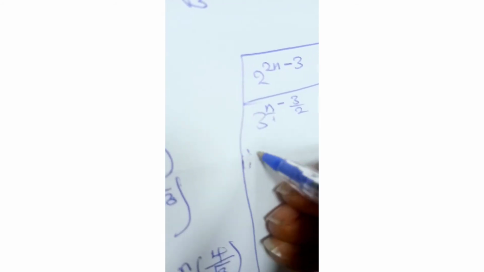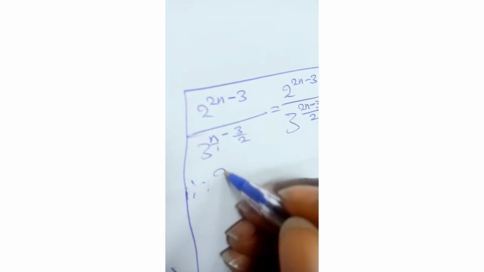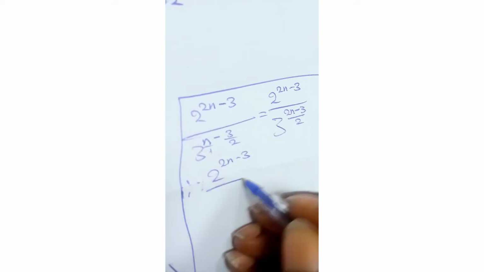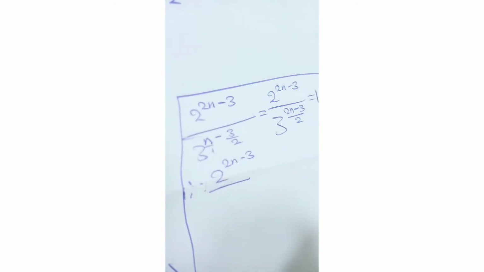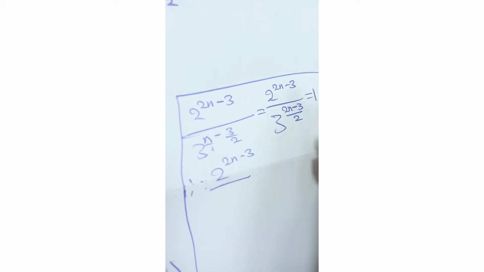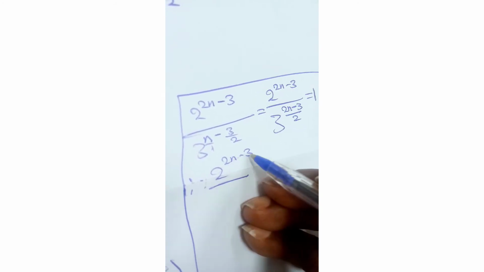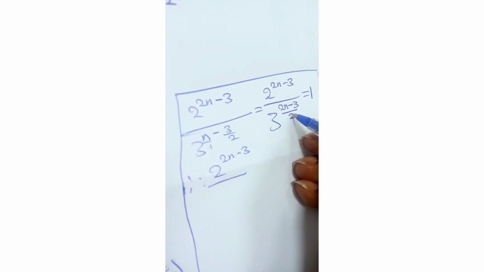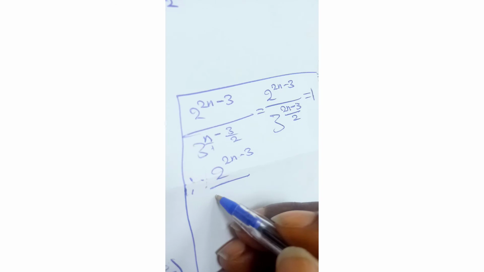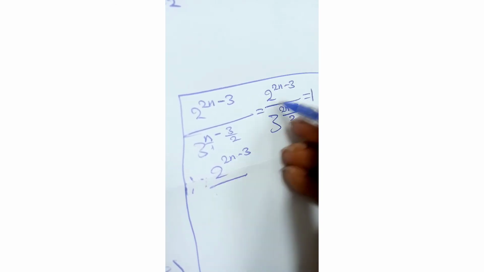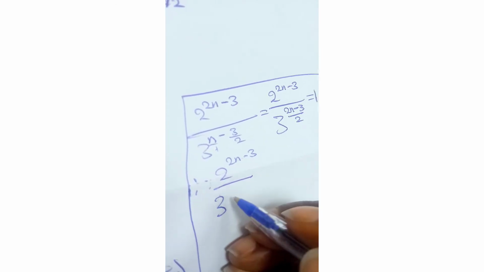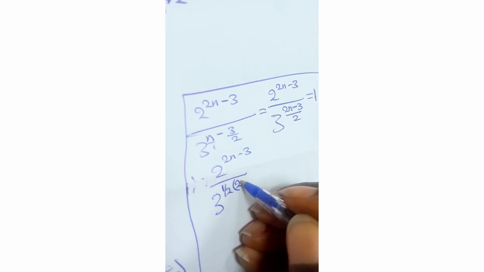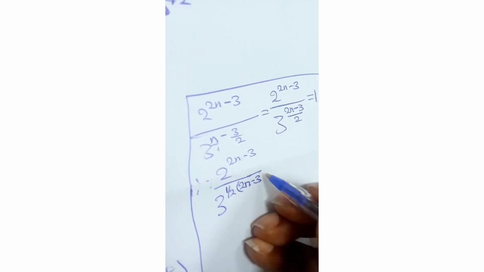So at this junction now, we are going to have 2 raised to power 2n minus 3, remember, is equal to 1. If you look at this place very well, you can rewrite this denominator to be 3 raised to power 1 over 2 into 2n minus 3, is the same thing.